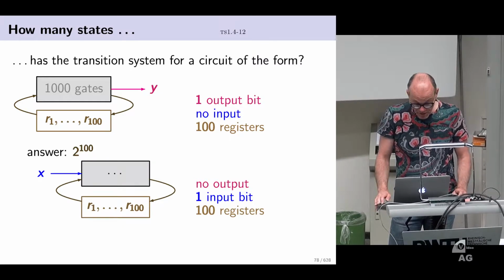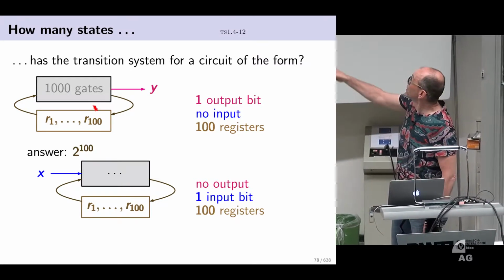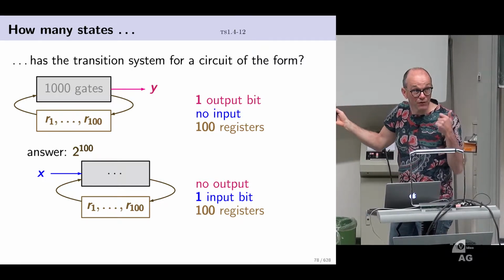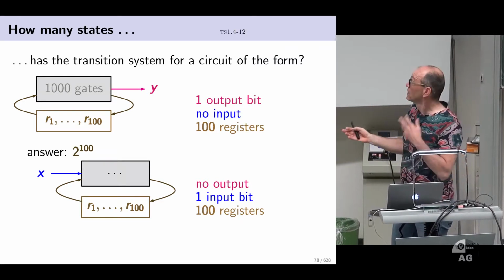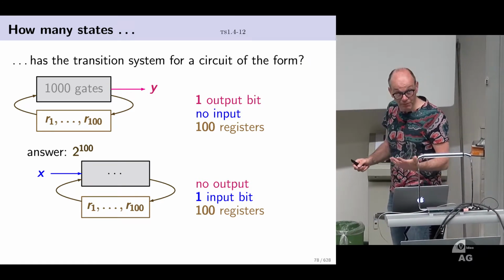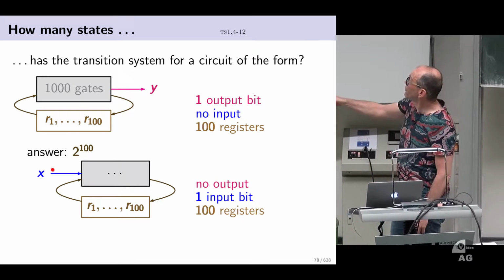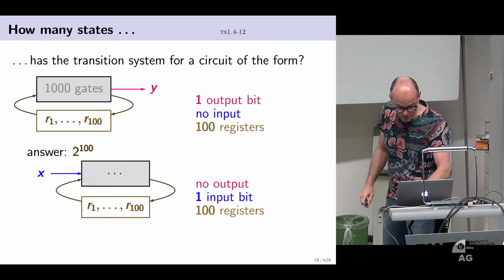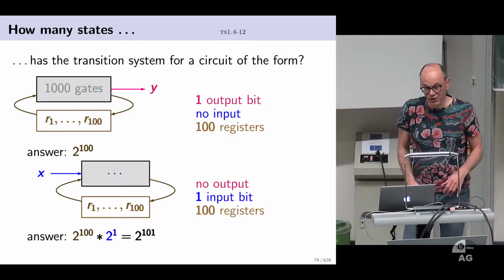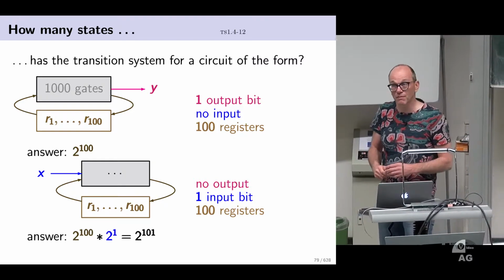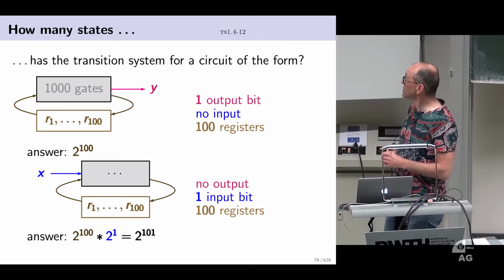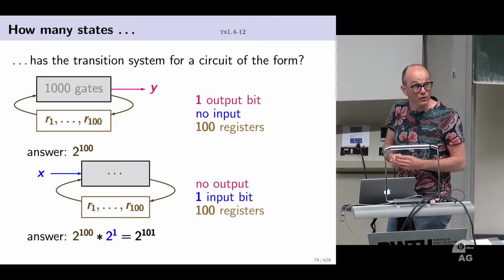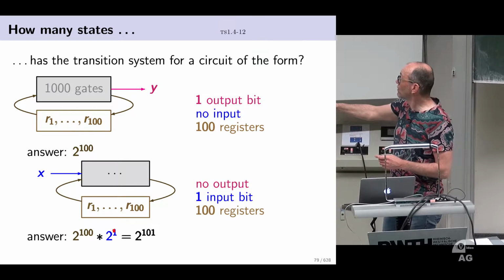What about this? The first example says the number of gates is not decisive. It's the number of registers which is important. The second thing is, of course, that the number of input bits is also important. So this is a very simple example, no output, only an input, and again 100 registers. How many possible states does the transition system of this circuit have? 2 to the power 100, because these are all the possible different values of the registers, times 2 to the power 1.